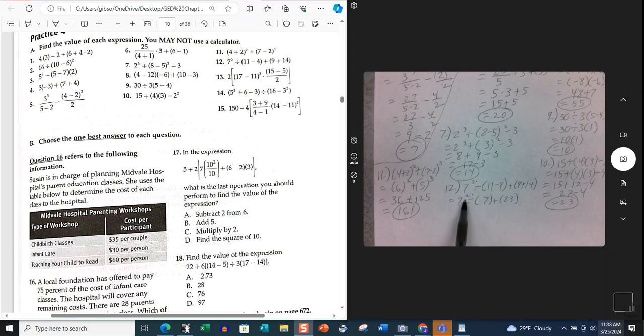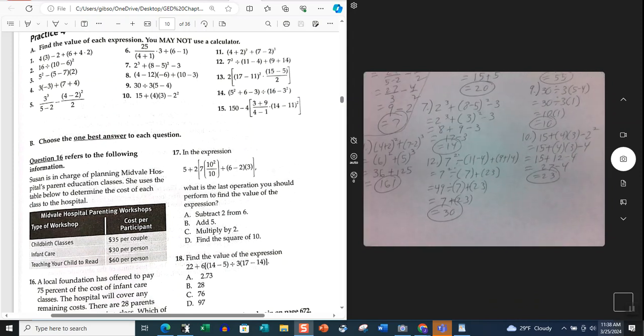Now we're left with exponent, division, and addition. So we do the exponent. 7 squared is 49 divided by 7 plus 23. Now we have division and addition. We do the division first. 49 divided by 7 is 7 plus 23. 7 plus 23 is 30.